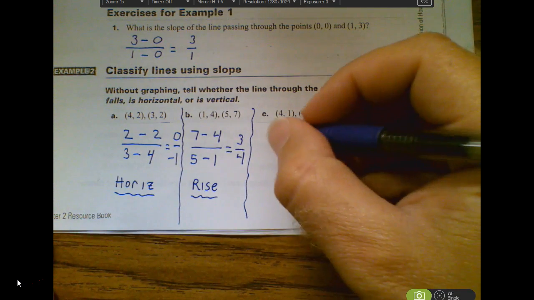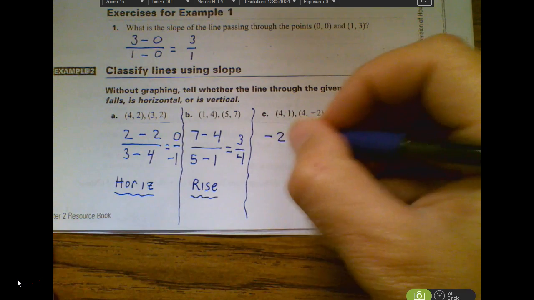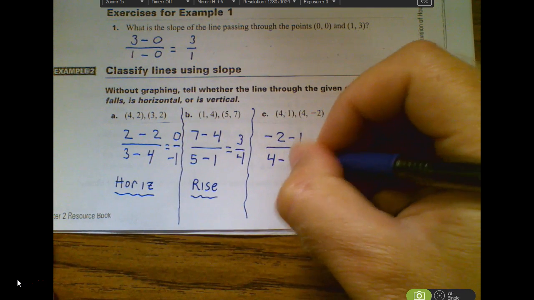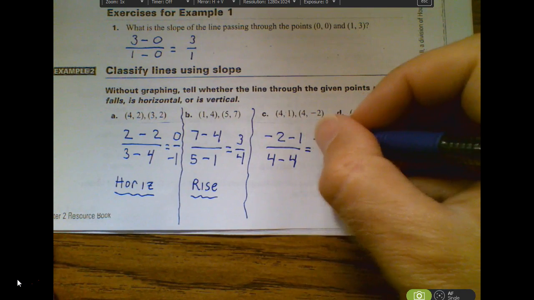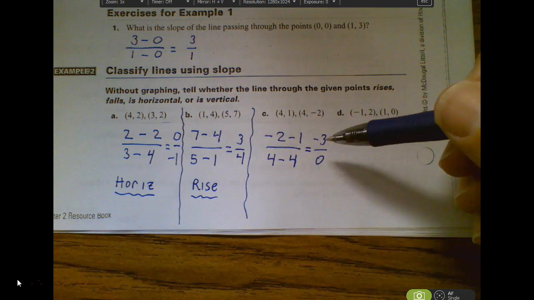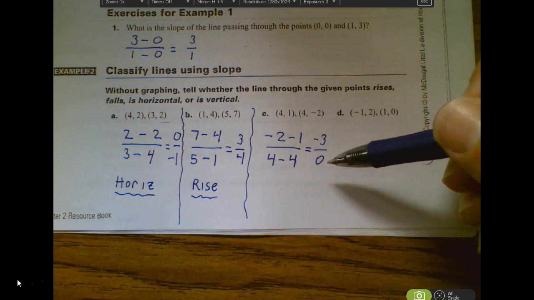On part C, again, if I did y minus y over x minus x, you can see on this one I'm going to get a 0 on the bottom, right? Which, remember, you cannot divide by 0. So if I go into a calculator and hit -3 divided by 0, it's going to say error because you can't do that.